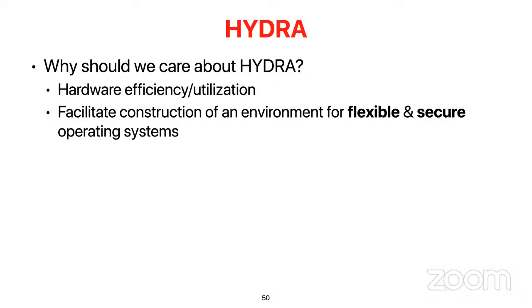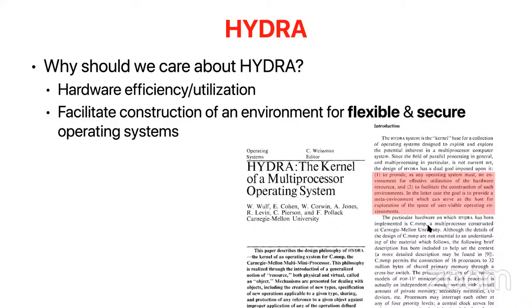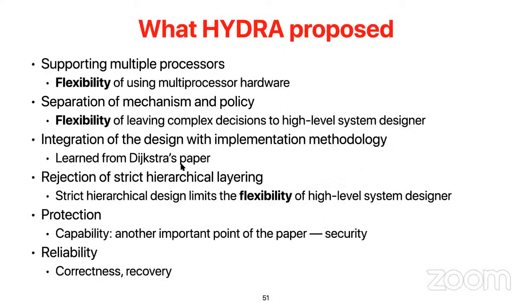And for the security, they are the first paper proposing the idea of protection, which we will talk about later. But the main reason why we should care about the paper is because they want to propose a system with security and flexibility. And for the flexibility part, the rejection of strictly hierarchical layering is actually the main point.